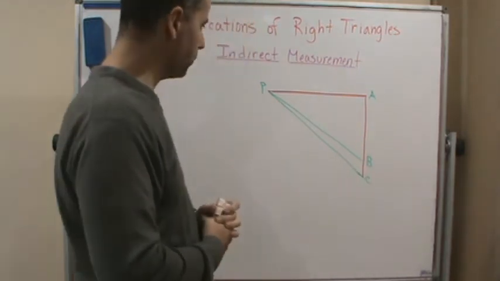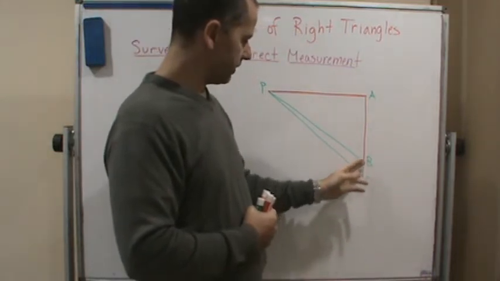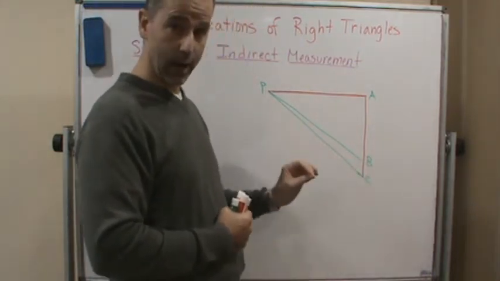So we want to do indirect measurement, which means finding this distance by using angles and triangles.